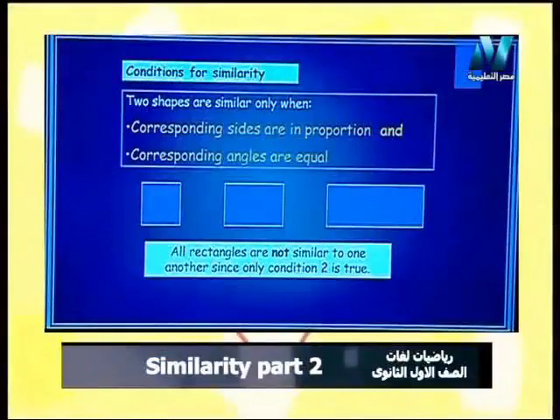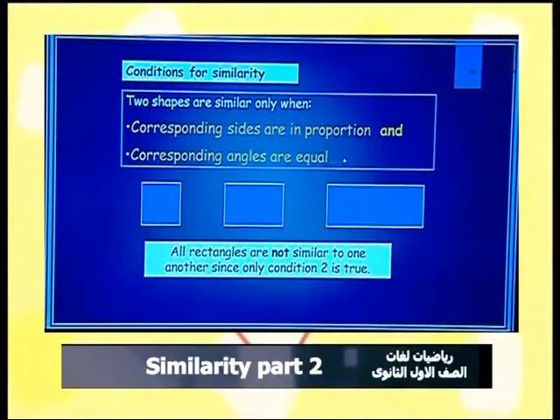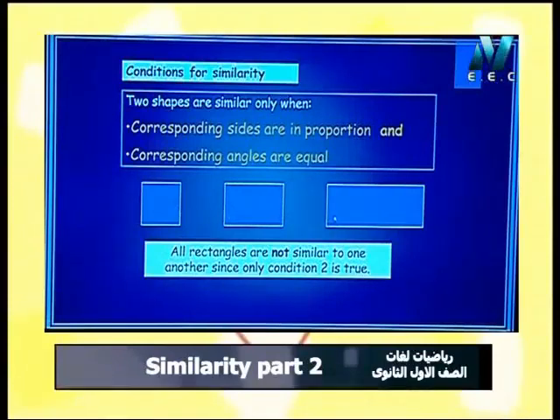Okay, let's go to the second slide. We continue with conditions of similarity, and remember, my dear students, that all corresponding sides are proportional and all corresponding angles are equal in measure. Here we have three rectangles. Rectangles are not considered regular polygons because they have equal angle measures, all angles are right angles, but their sides are not equal.